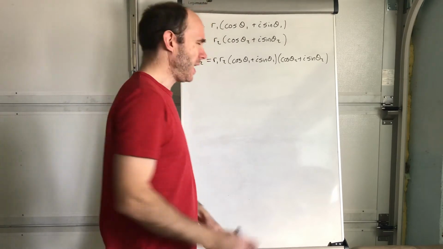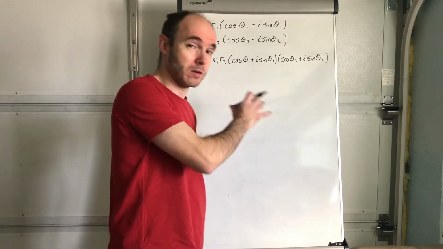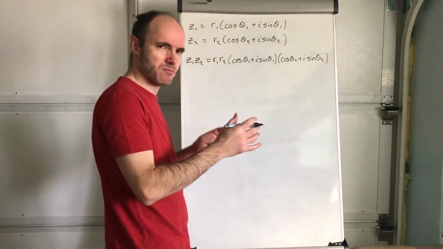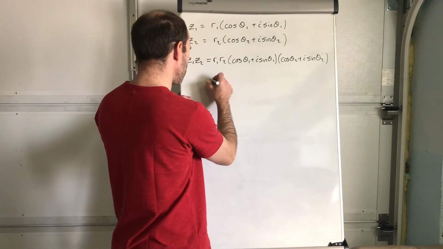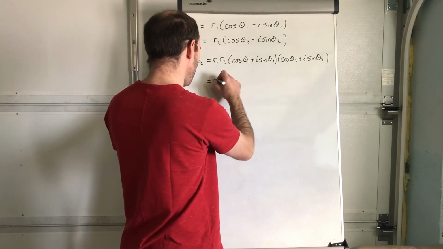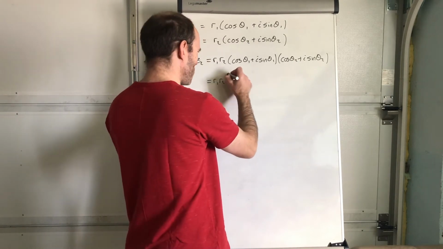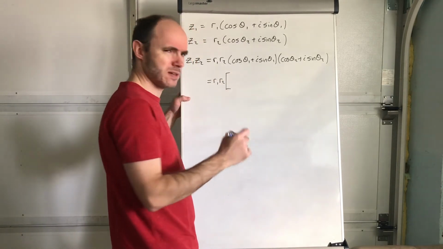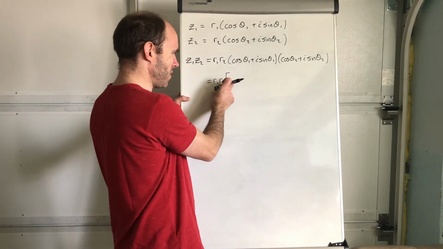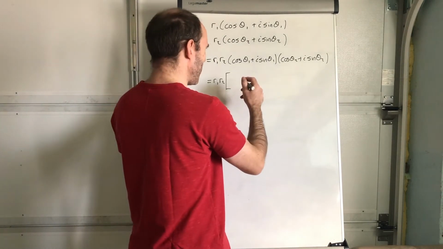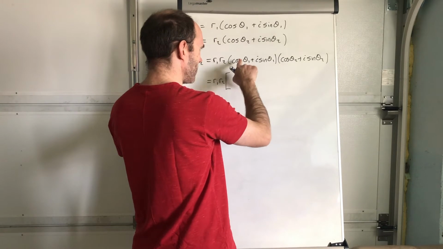Now, I don't think I'm going to be able to fit this on one line, unfortunately. So I'm going to try and write it as best as I possibly can. So that's going to be equal to R1 R2, obviously, and because I'm not going to be able to write it on one line, I just want to emphasise the bracket here with R1 R2 outside the bracket. If I expand these, I'm going to have that times that.